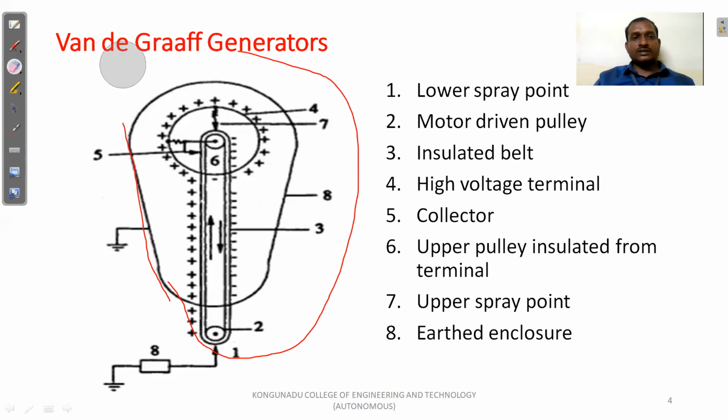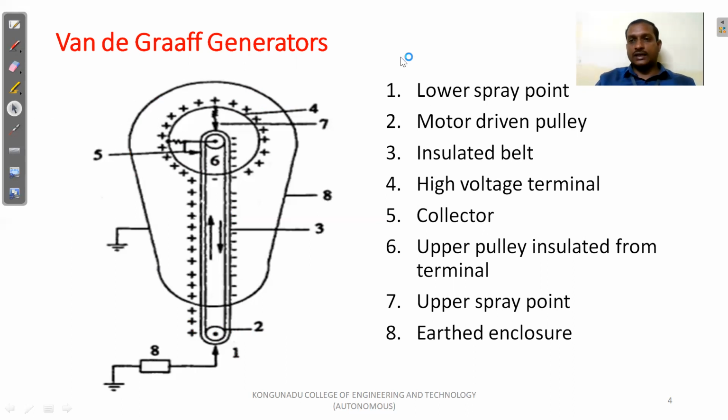Next we will discuss the operation, that is the working, of the Van de Graaff generator. It is used to generate high DC voltages. We spray the charges at the lower spray point. These charges move to the higher electrode, and the higher electrode terminal collects the higher voltage potential. The belt moves from the lower pulley to the higher pulley.